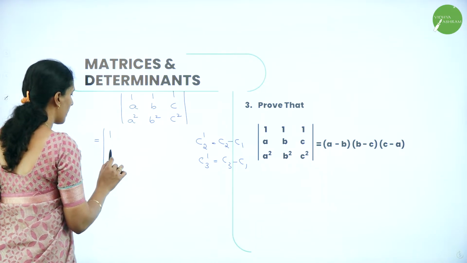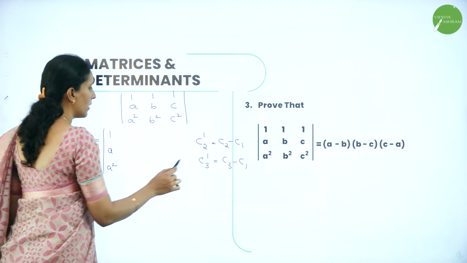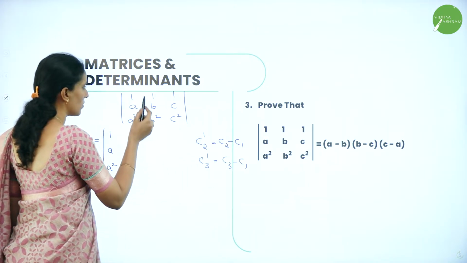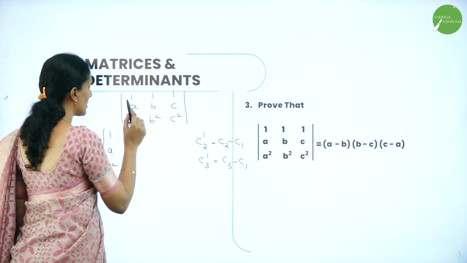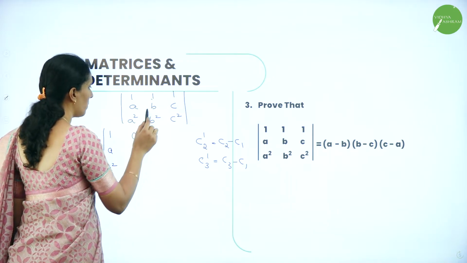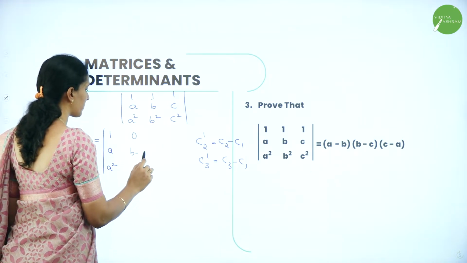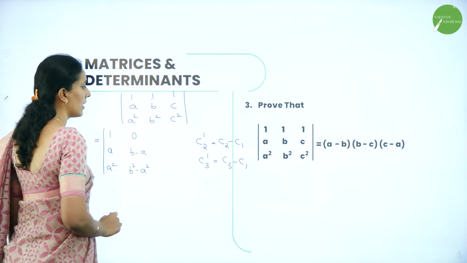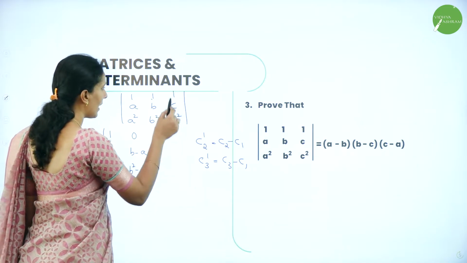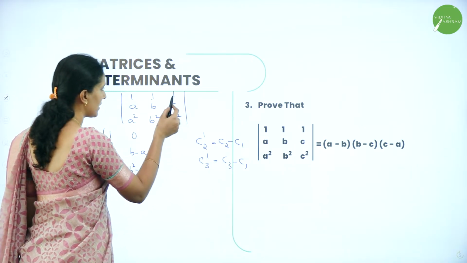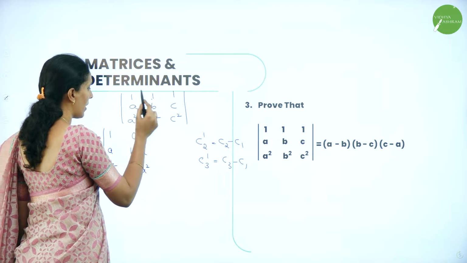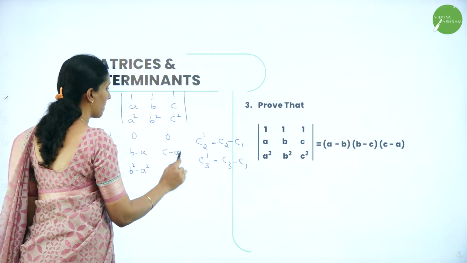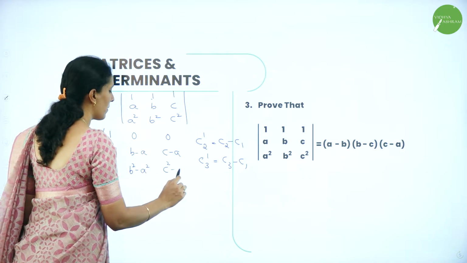Let me write it now. The first column is 1, a, a square. Column 2, I have taken as C2 minus C1, so it is 1 minus 1, 0, b minus a, b square minus a square. Next, C3 I have taken as C3 minus C1, again 1 minus 1, 0, then c minus a, and c square minus a square.